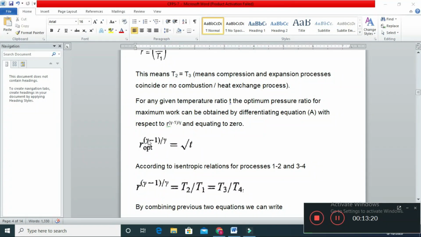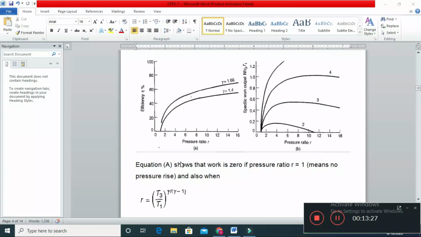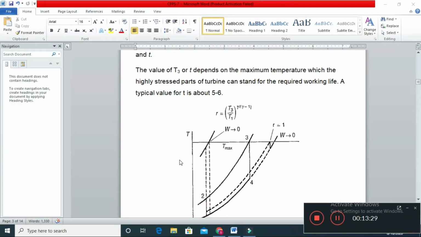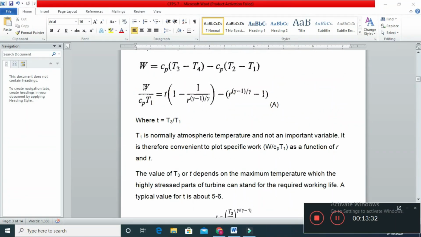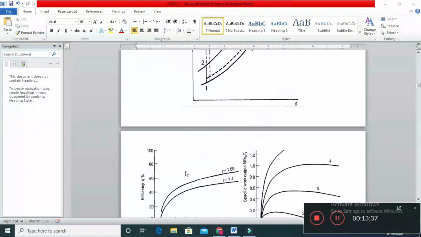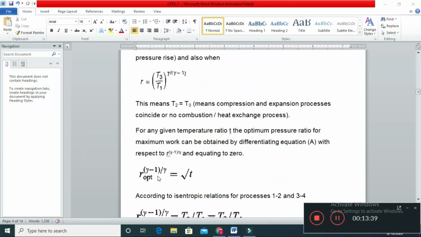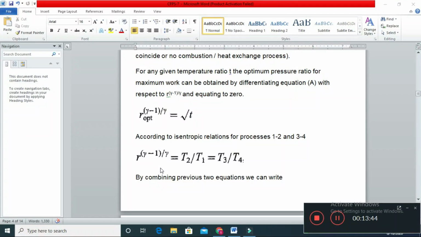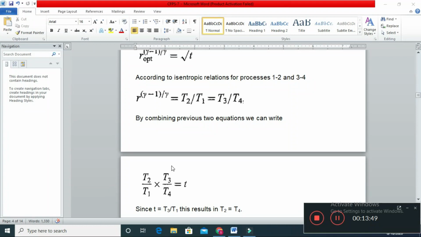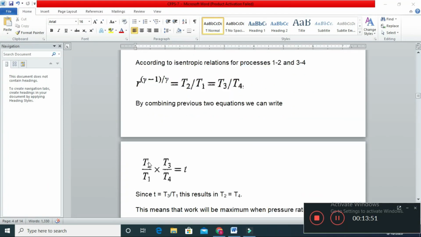This is the optimum value of pressure ratio. We can determine the optimum value of pressure ratio at which work becomes maximum. We can differentiate this relation, and after differentiation we can have the optimum value of pressure ratio at which the specific work is maximum. We can show that this is the condition when T2 and T4 are the same.